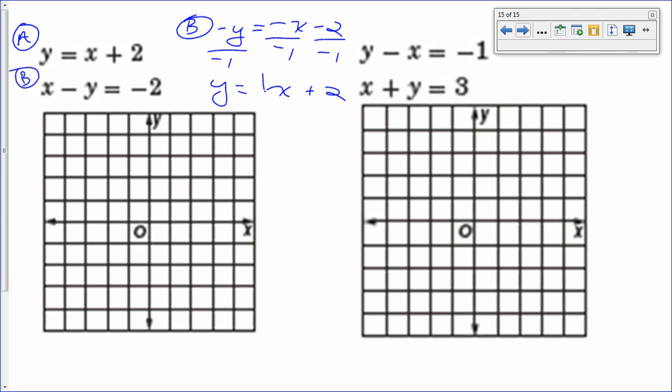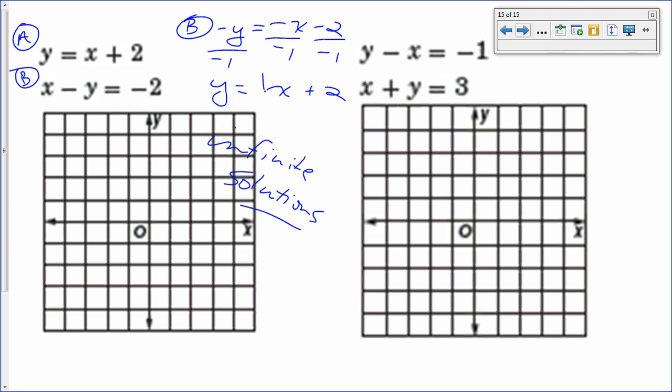What's the answer? They're the same, aren't they? What does that mean then, Jasmine? Very good. Infinite solutions. All right.